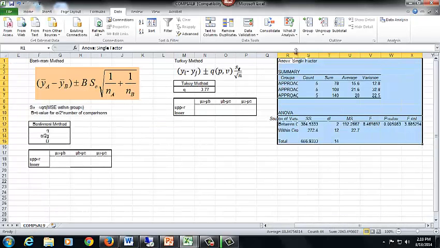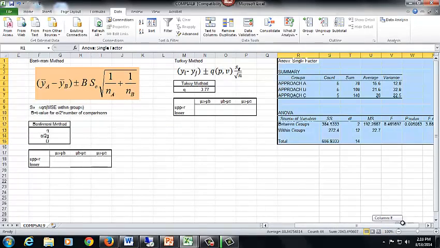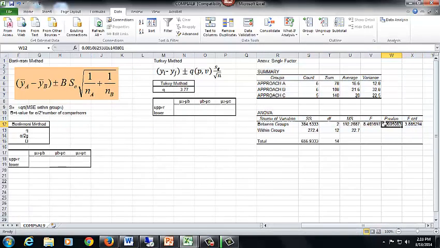Here I look at the p-value. It's less than 0.05, so I'll reject H0 and say there is a difference in the 3 sales approaches. Looking at the averages, approach C looks like it's best, but I can go a little bit further than that.